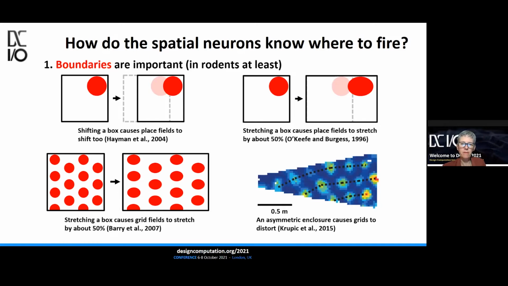Now, there is another kind of quirky finding, which we're still trying to understand, which is that it's only true that the pattern will be regular if the environment is somewhat symmetrical. If the environment is not symmetrical, for example, in this trapezoidal environment, then the pattern from the get-go is a little bit deformed, and we're not fully sure how to explain this.